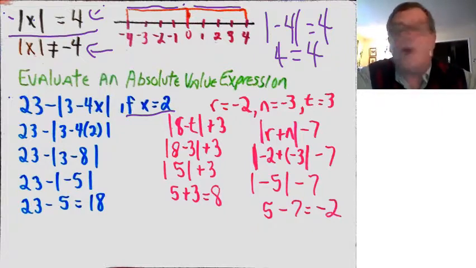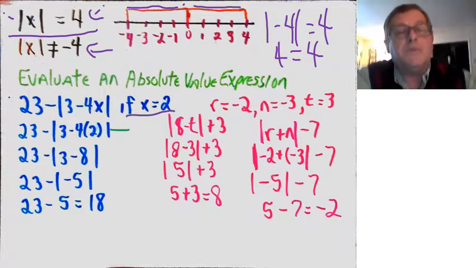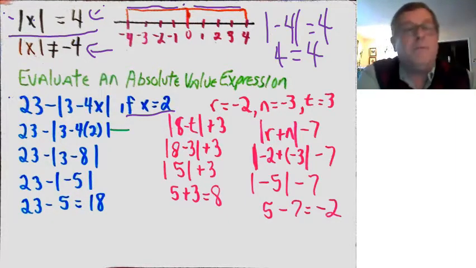Now we've got 23 minus the absolute value of 3 minus 4 times 2. Let's evaluate minus 4 times 2, which leaves us with 23 minus the absolute value of 3 minus 8.